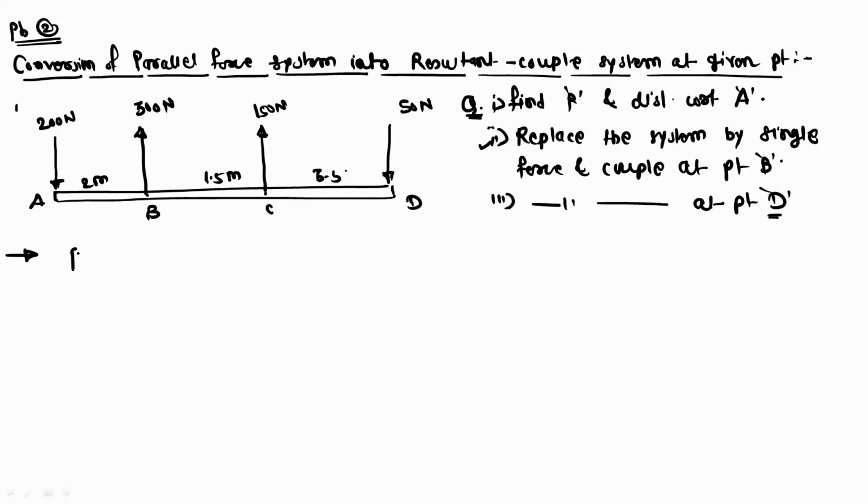So the resultant for this system, R is equal to only summation Fy. So here minus 200 plus 300 plus 150 and minus 50. So this is equal to 200 Newton.